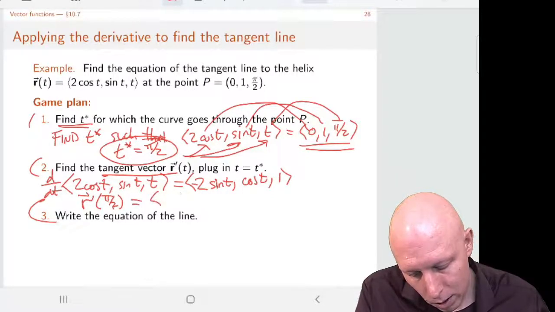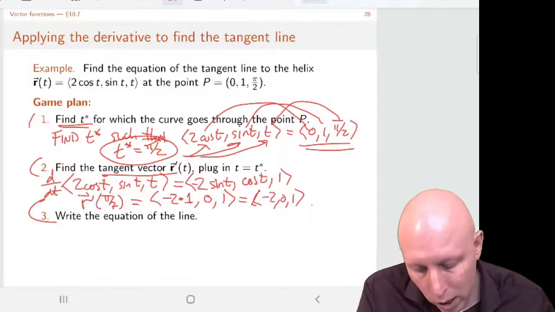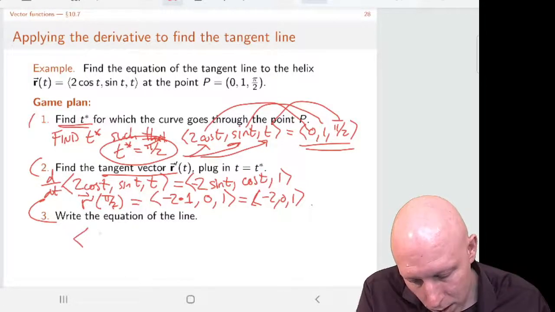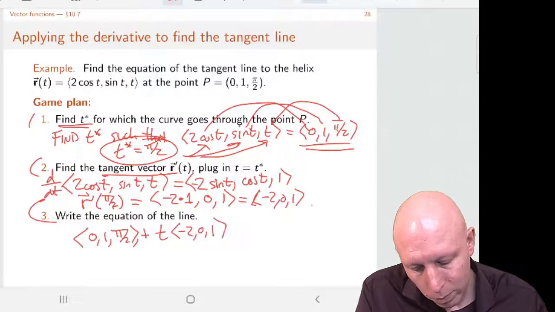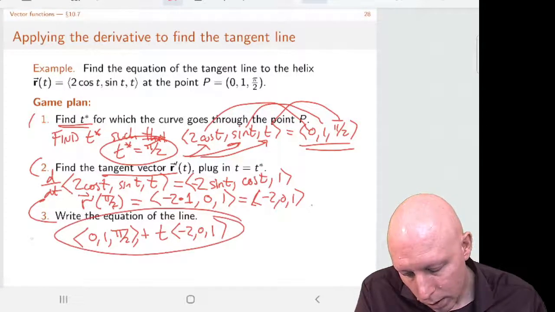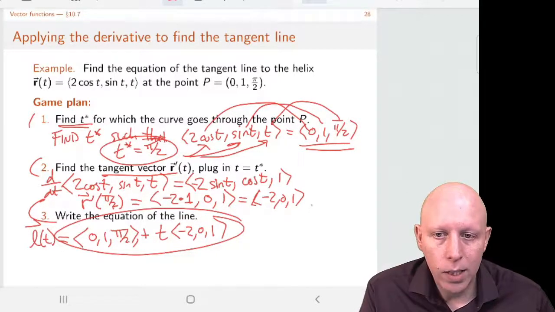We get negative 2 times 1, 0, 1, which is negative 2, 0, 1. And so the equation of the line is going to be our point, 0, 1, pi over 2, plus t times this vector, negative 2, 0, 1. L of t is equal to this. That's the equation of our line.